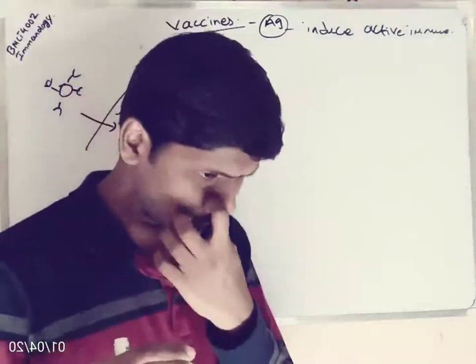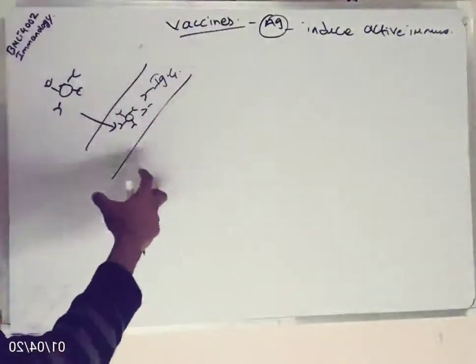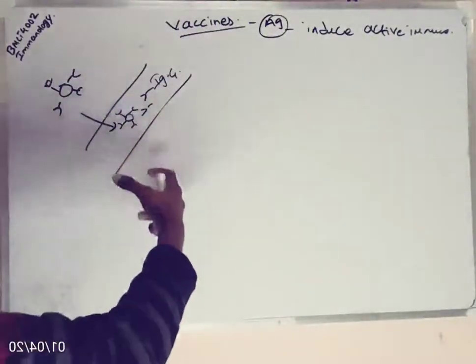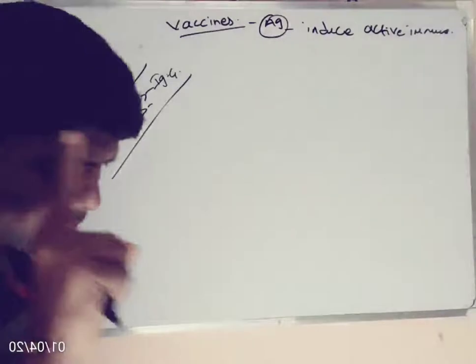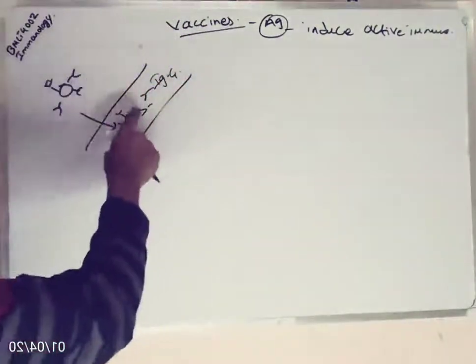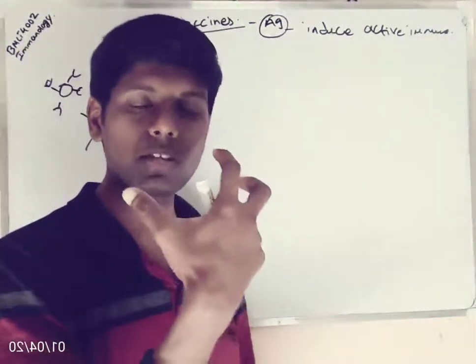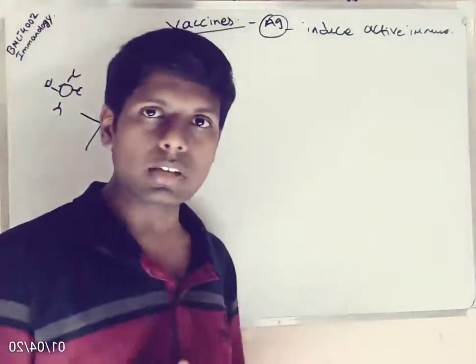So how do we induce antibodies? In order to have immune resistance toward coronavirus, I need to give that same antigen to my body. Then only I will get immunity towards a particular agent, right?